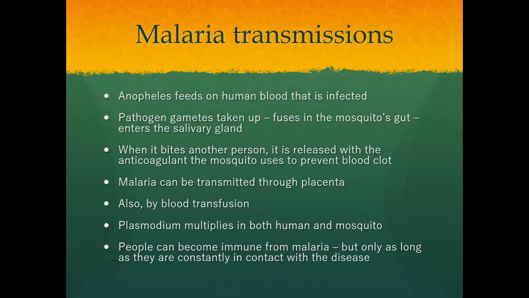Now, the actual life cycle of the malarial parasite is not included in our syllabus, but you need to know the basics. This Anopheles mosquito feeds on human blood.